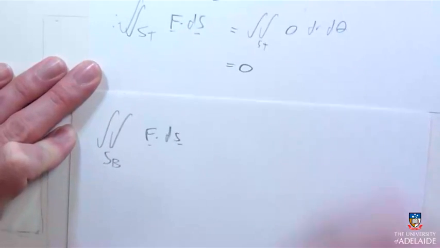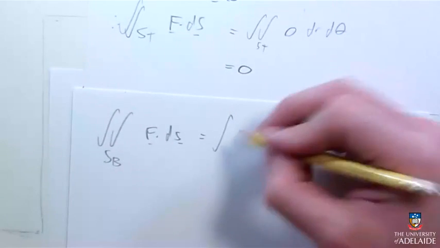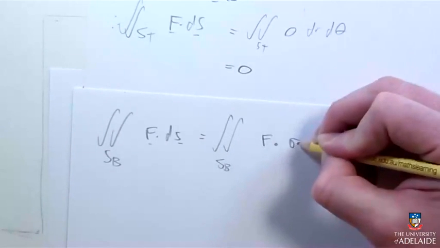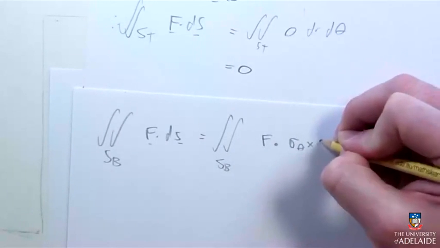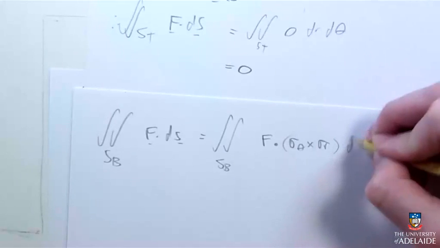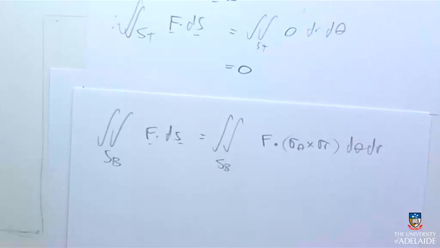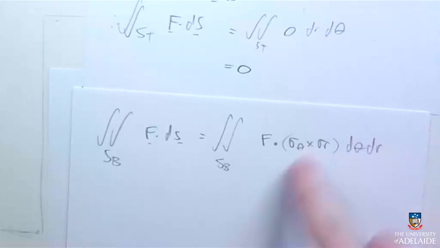So, let's do the bottom one, because it shouldn't be too dissimilar to this. Now, what did we say? It had to be round the other way. It probably doesn't matter which order the theta and the r are in over here, but it does matter here.